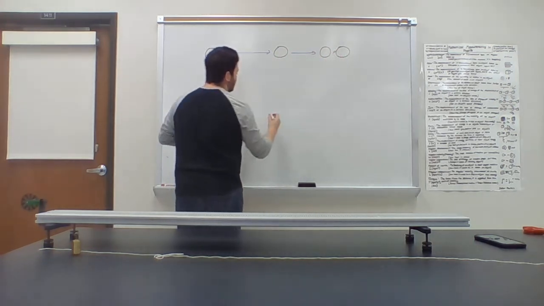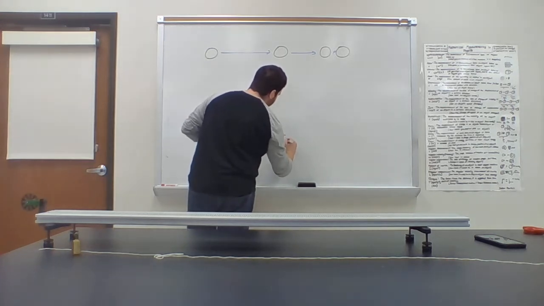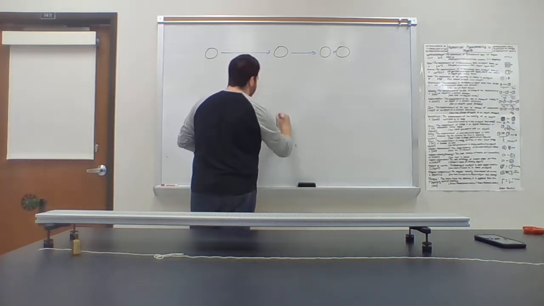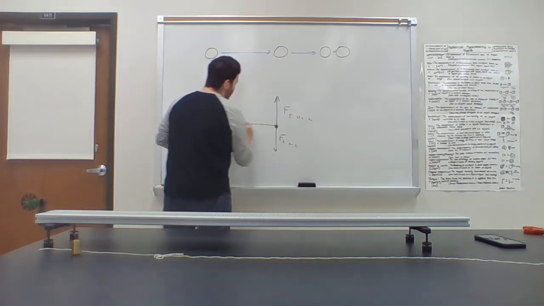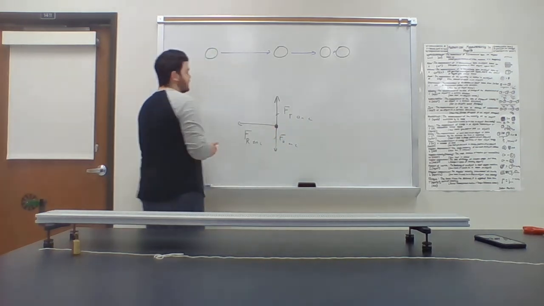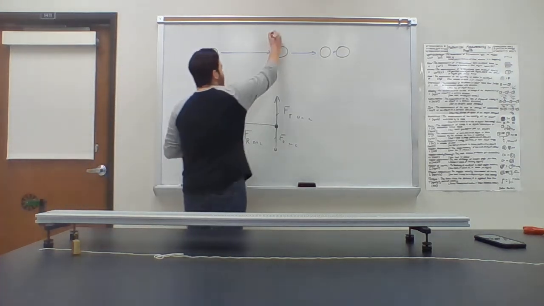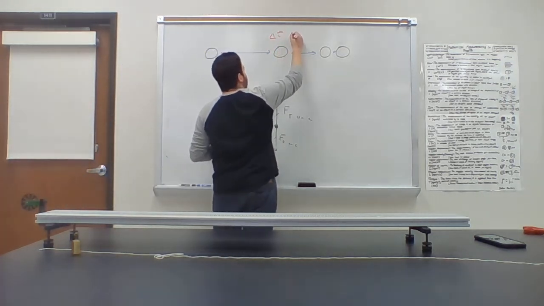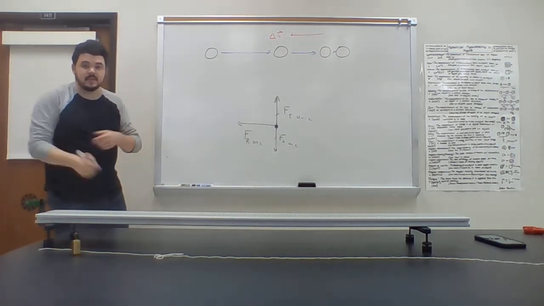And in their free body diagram, we had the force that the earth exerts on the cart, we had the upward force that the track exerts on the cart, and we had the leftward force that the rope exerts on the cart. And these two are balanced, and this force is causing not a rightward motion, but a leftward velocity change. So that was scenario 1.